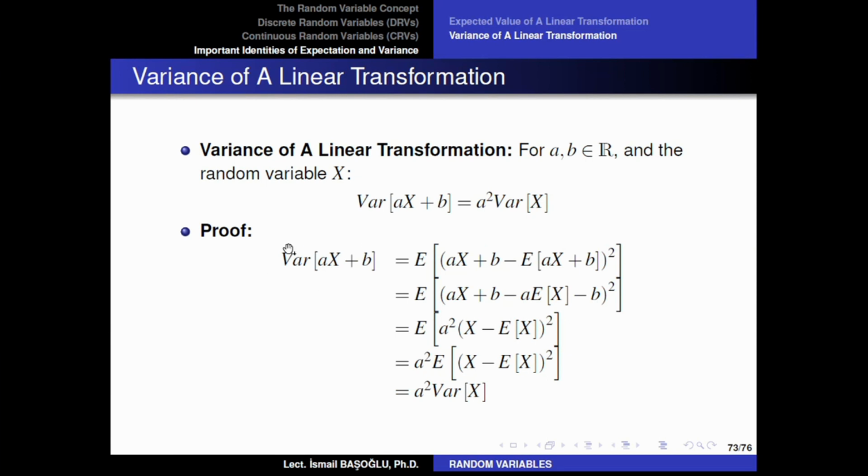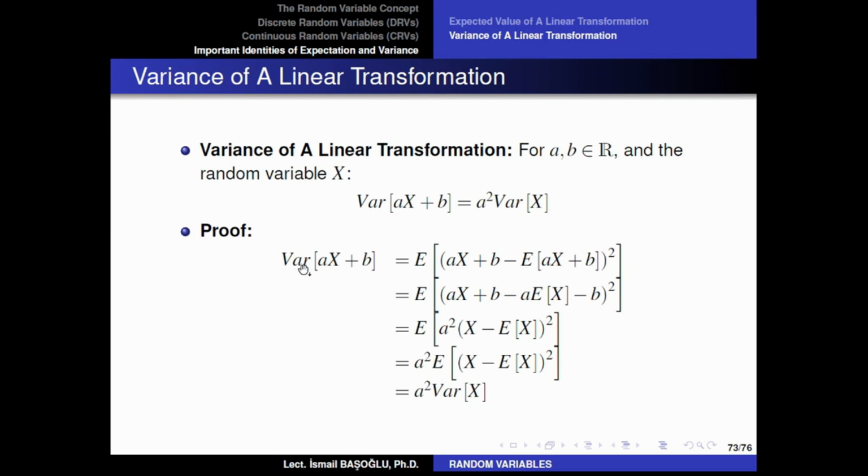We are going to calculate the variance of ax plus b. And this time, in order to give a simple proof, I am going to use the classical definition of the variance. Remember, what was the classical definition of variance? We calculate the expected value of the square of the deviation from the mean.